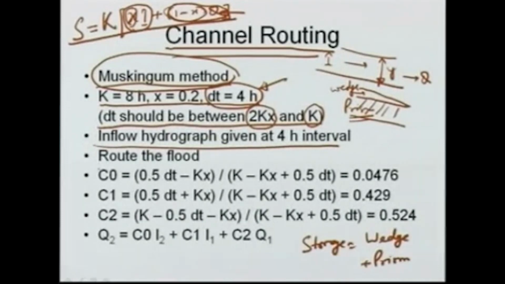Now, in the Muskingum method, the equation which is used, basically we use the same equation, but the change in storage is written as I2 minus I1 plus 1 minus x, Q2 minus Q1.